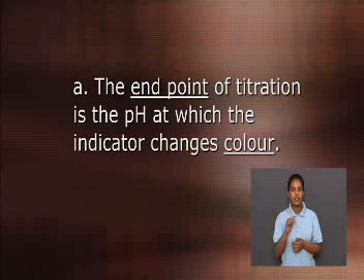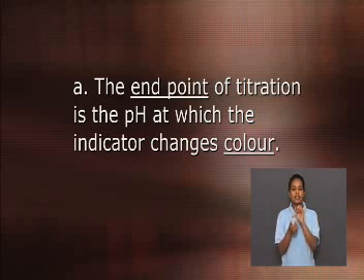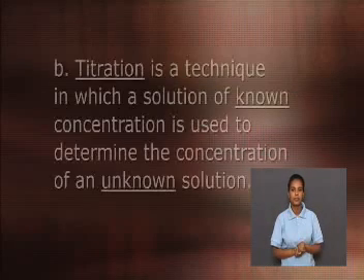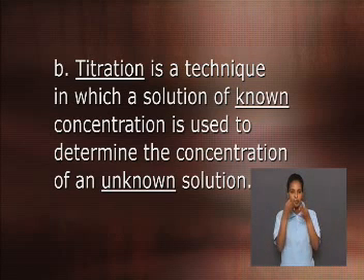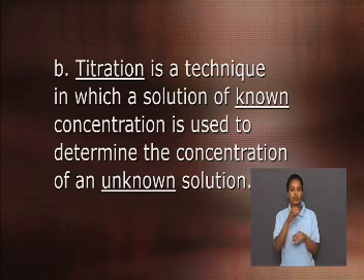The end point of titration is the pH at which the indicator changes color. Titration is a technique in which a solution of known concentration is used to determine the concentration of an unknown solution.